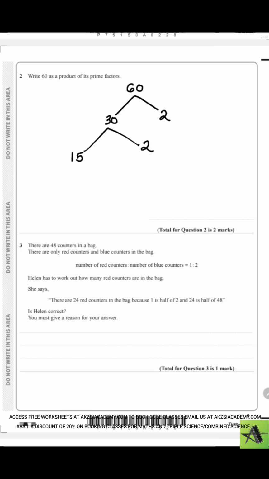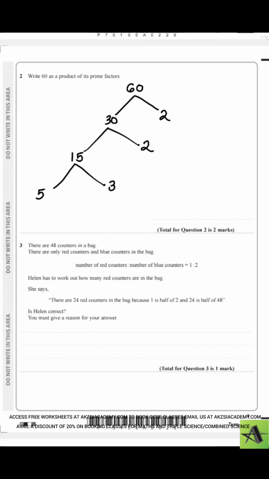Again, because 15 is not a prime number, split again. On the first branch, I'll write the smallest prime number, which is 3, and here I'll write 15 divided by 3, which is 5. And I need to end it here because I got prime numbers on both branches.